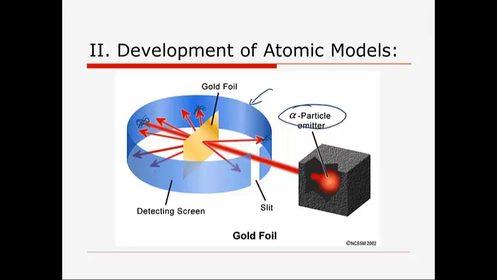He said, well, maybe a couple of them would be here and here, which is what he saw. But these over here, he didn't expect to see. The plum pudding model wasn't going to be able to explain this. And the ones that came back and hit the screen back here, those are really weird.